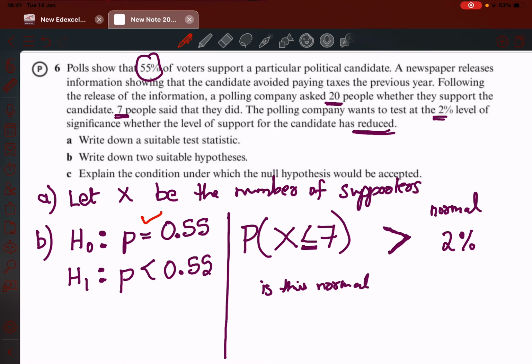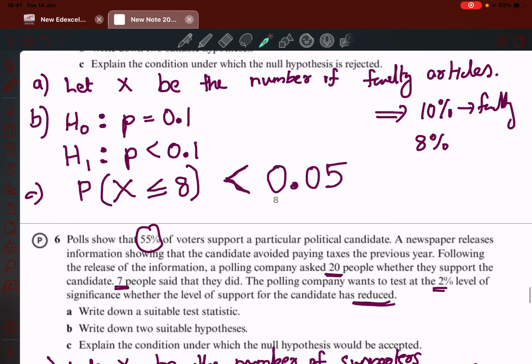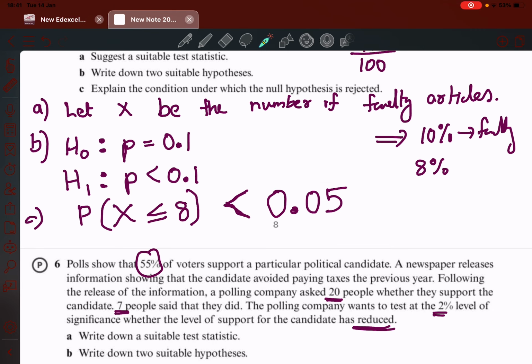Now, if you're still confused about how to frame this question, one easy correlation that you can see is in the alternate hypothesis. If p is less than 0.55, you can choose the same symbol, that would be less than or equal to 7, rather than going greater than 7. If p was, let's say, greater than 0.1, then I would have chosen the same thing here, which is greater than or equal to 8.